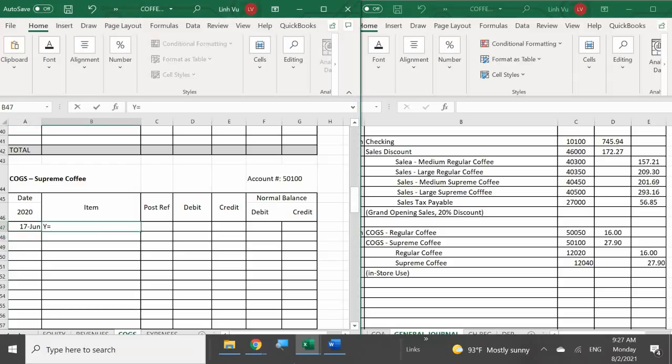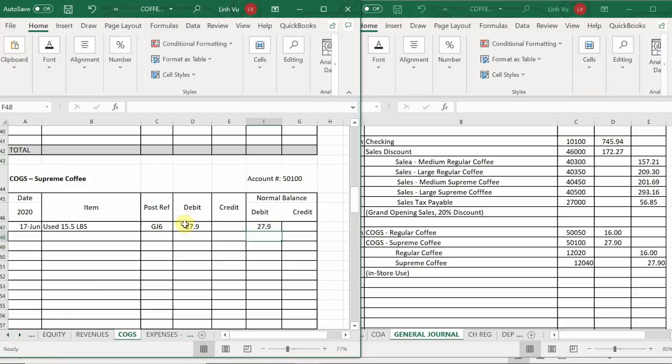I used, what was it, 15.5 pounds, for $27.90. Okay.